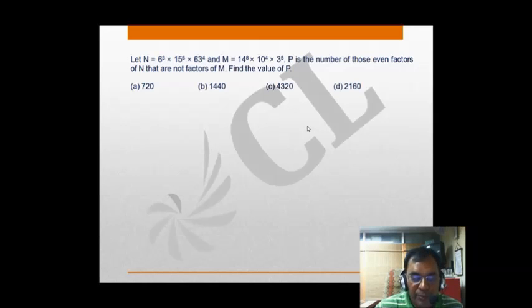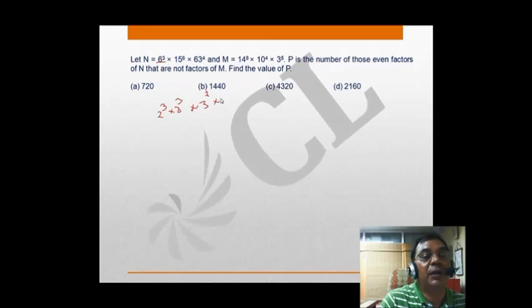If you remember the way we solve these questions, we take out the extra powers and check it out. So first of all, I'll have to write 6 cube, all these I'll have to write. I know the methodology to do it. So first of all, 2 to the power 3 into 3 to the power 3 into 3 to the power 6 into 5 to the power 6 into 3 to the power 8 into 7 to the power 4.